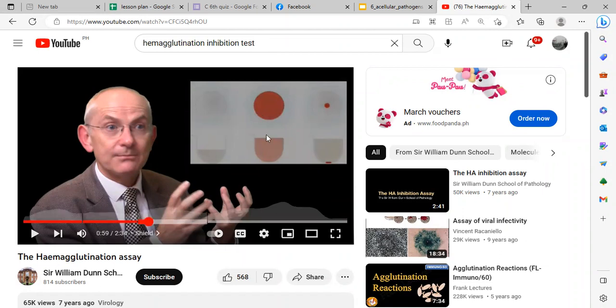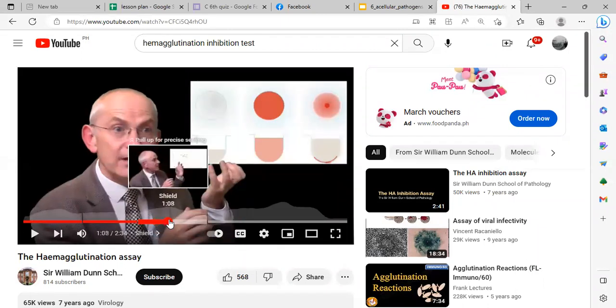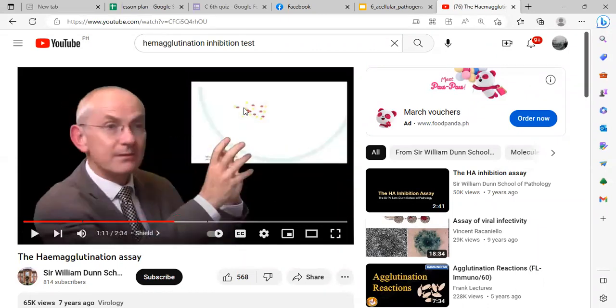So your whole container is red. You can see from the top view that there was clumping together, with the hemoglobin.